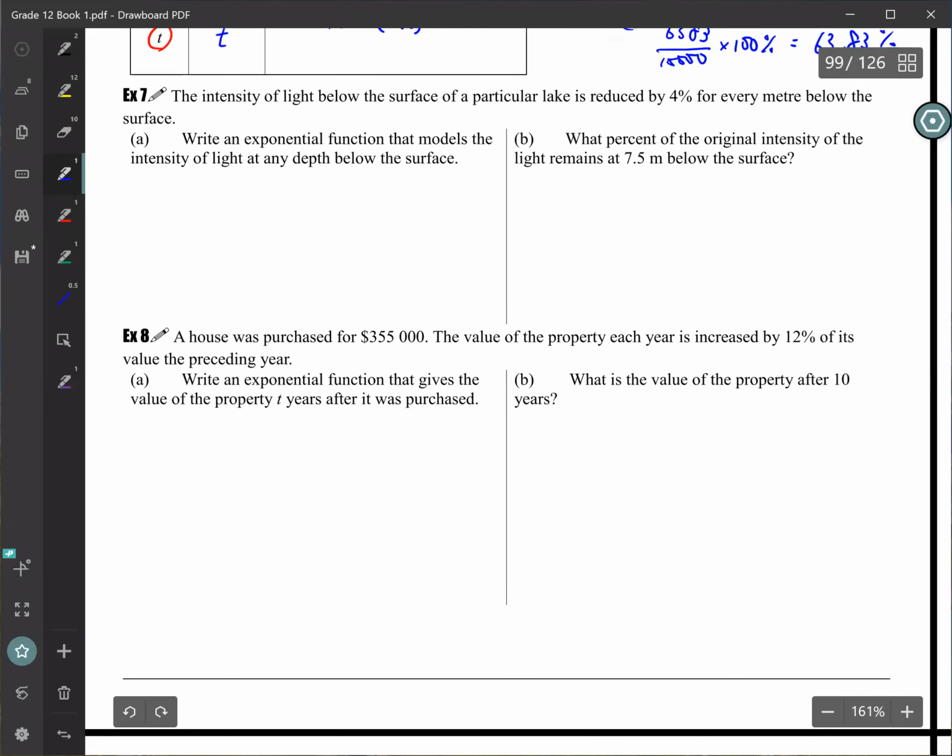This is about the price of a house, okay? So part A is you don't need to calculate anything, right? You just write out the formula, okay? Set it up, subbing the value into the formula. And then part B is to use what you get in part A to answer the question. So it shouldn't be too complicated.